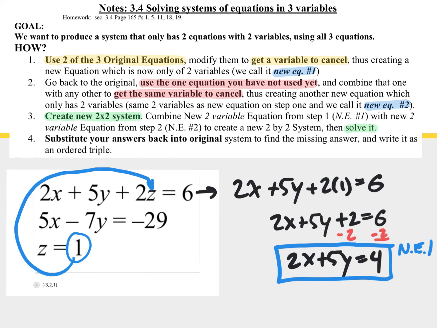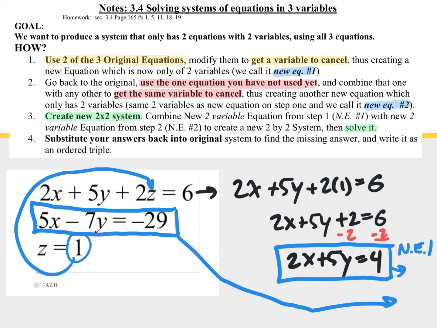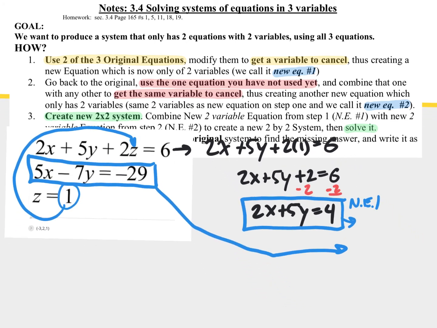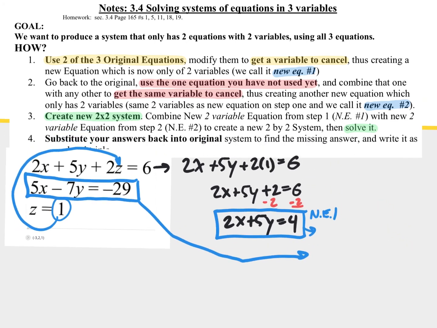So I'm going to take this guy right here, and I'm just going to write it together over here with my new equation number 1, creating a new 2x2 system. So what is my new 2x2 system? It is 2x plus 5y equals 4, and it's 5x minus 7y equals negative 29.